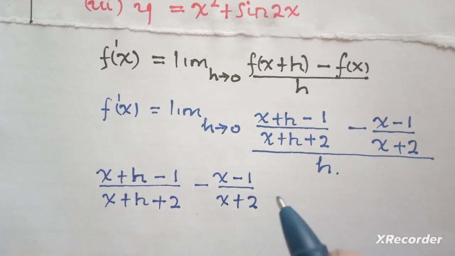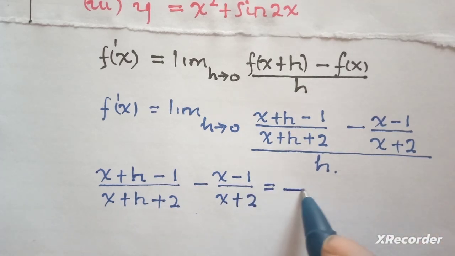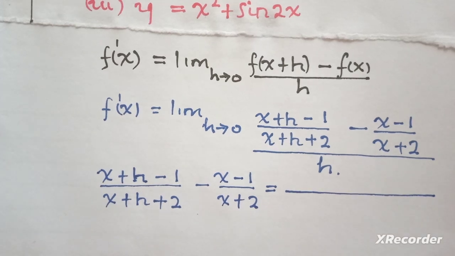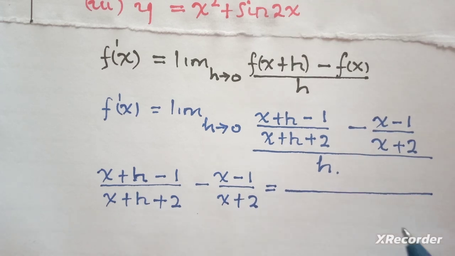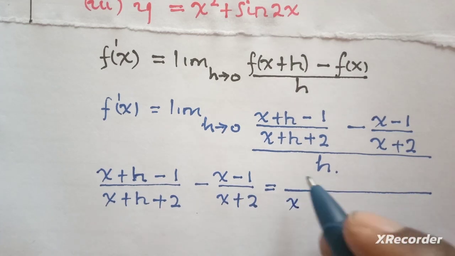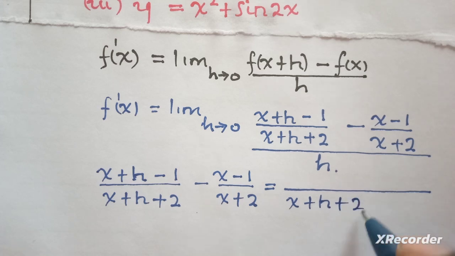So guys, we come here and look for the LCM for that. So the LCM for that, guys, we can take both of these values. Just like if we had 6 and 7, we say 42. So I'll take this value, x plus h plus 2, like that.